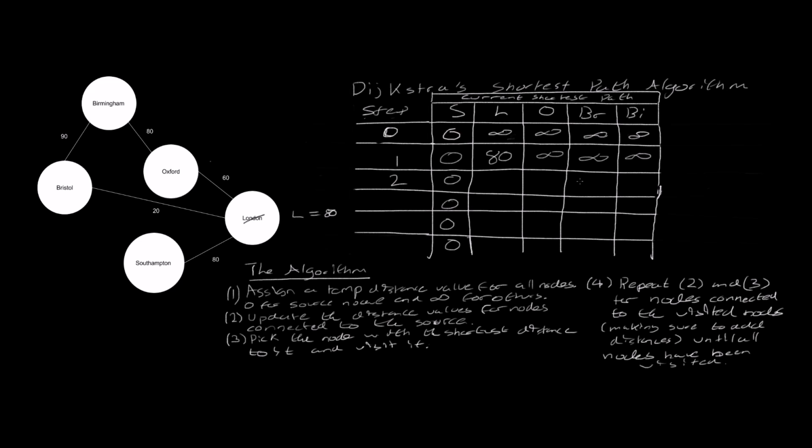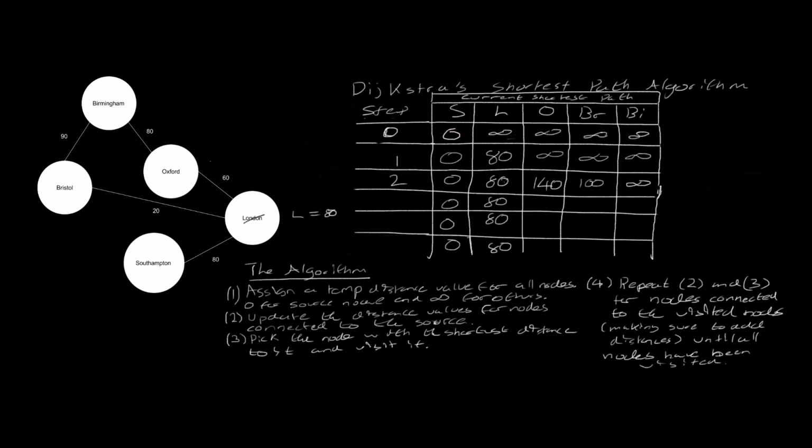For Bristol, I'm going to put in 100 in there as our current shortest path. And to Oxford, I'm going to do 80 plus 60, which is going to be a distance of 140. Our current shortest path to London is still 80, and it's going to remain 80 for the rest of the table, but we still don't have a route to Birmingham.